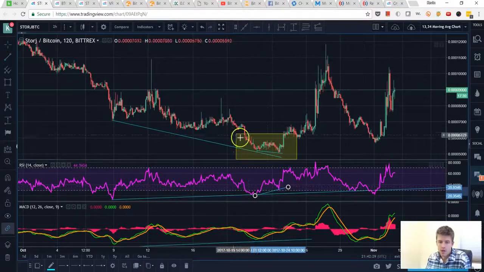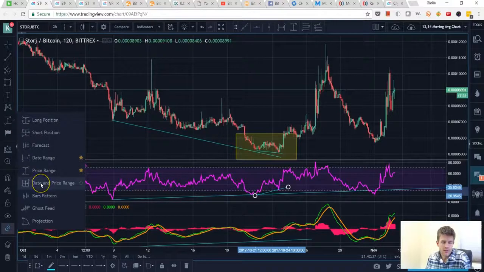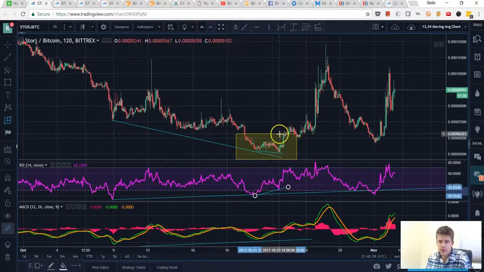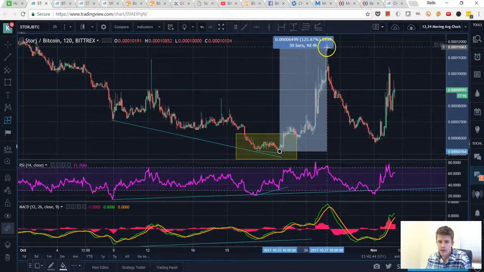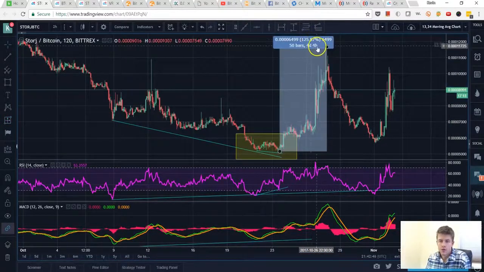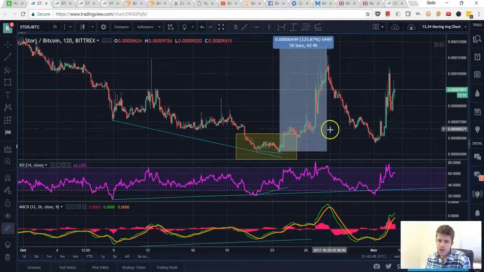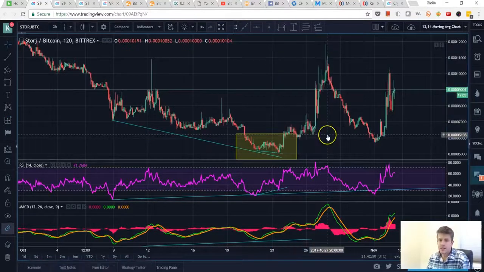So even on the lower time frame, we have a second confirmation that this is probably a good reversal point, and it certainly was, because as things turned out, within the next 4 days and 4 hours, storage went up 125% during that time. So that is the power of the momentum indicators.